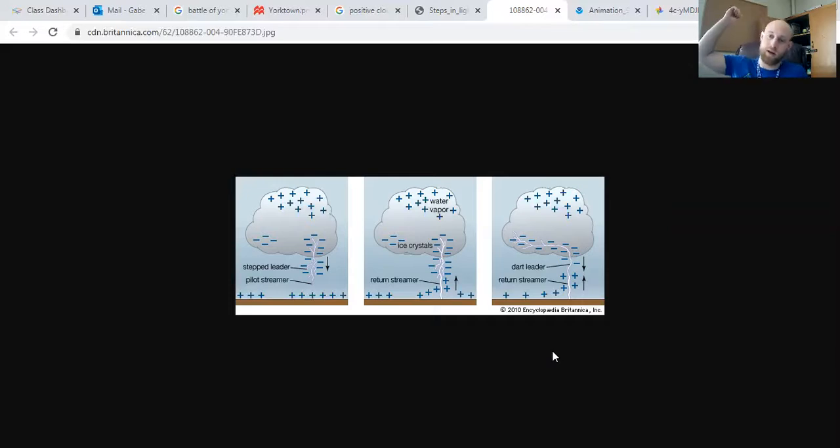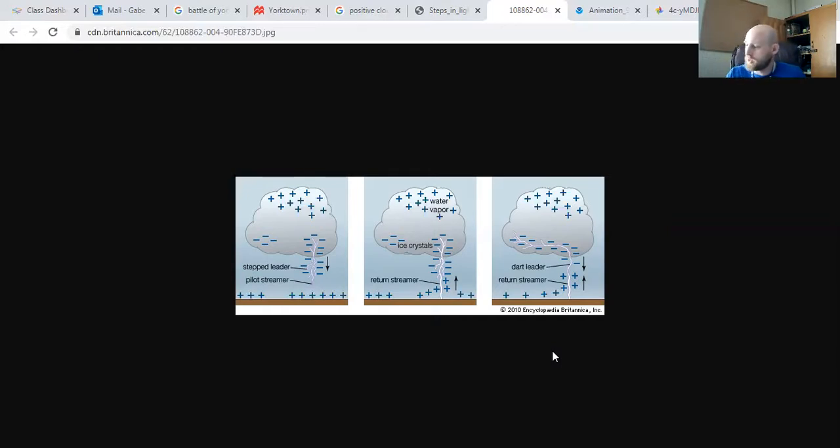Instead of it just being a one-time flash of light, whenever it goes down and it flickers, that is the dart leader effect when it comes down afterwards.